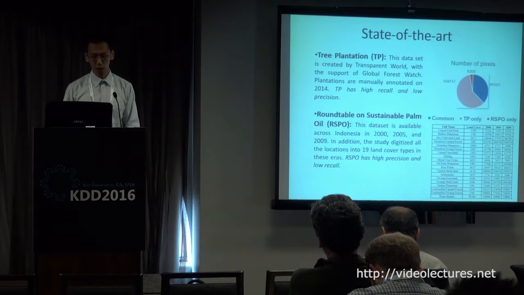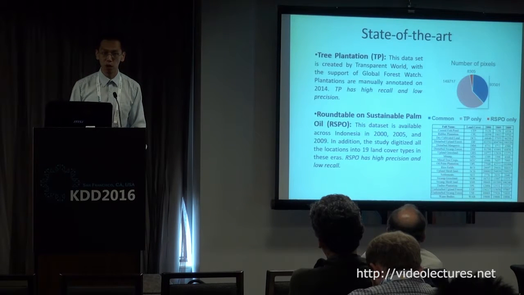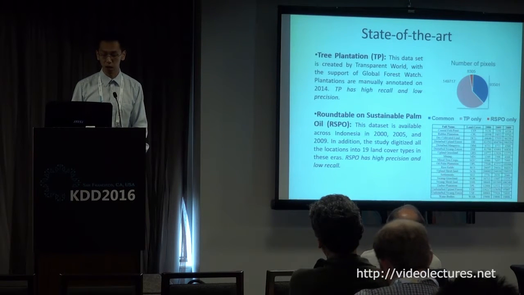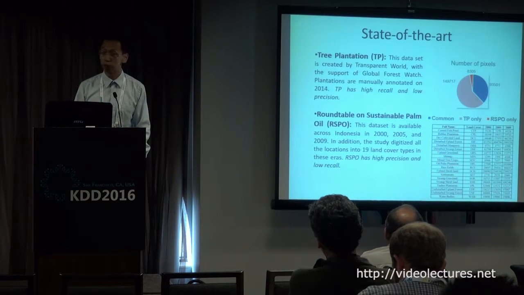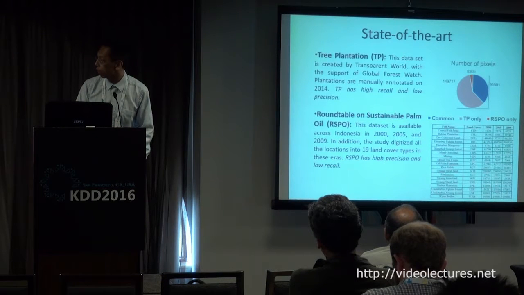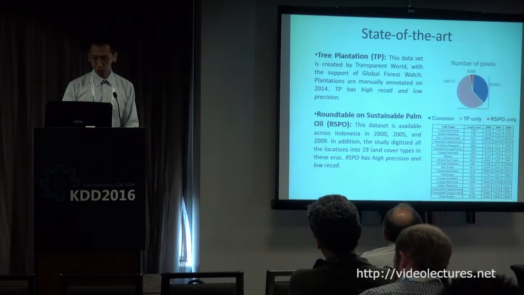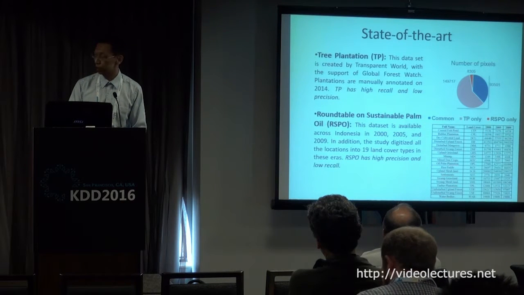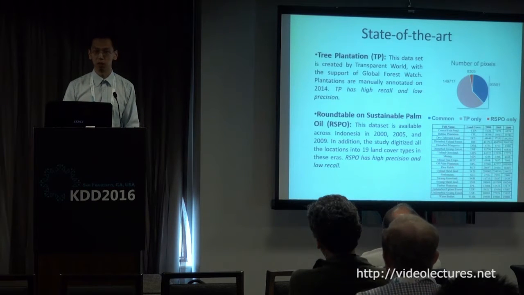The second data set, the RSPO data set, is available on 3 different time steps: 2000, 2005, and 2009. It also labels each location into one of 19 predefined land cover categories, as listed in this table on the right side. The problem with this data set is that it is very accurate, but it misses a lot of real plantations.